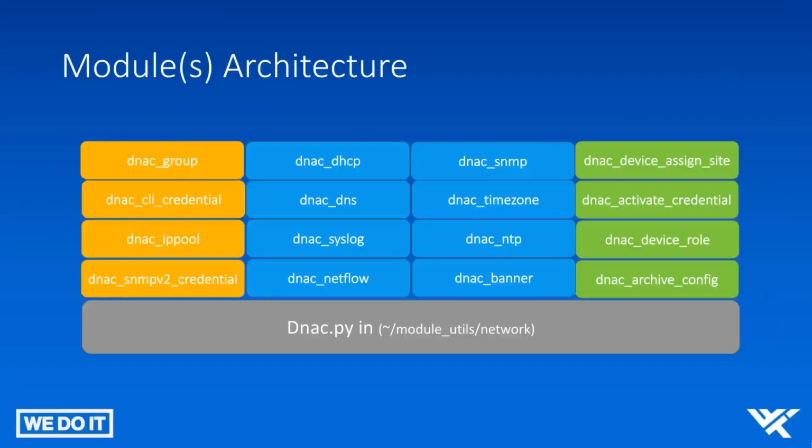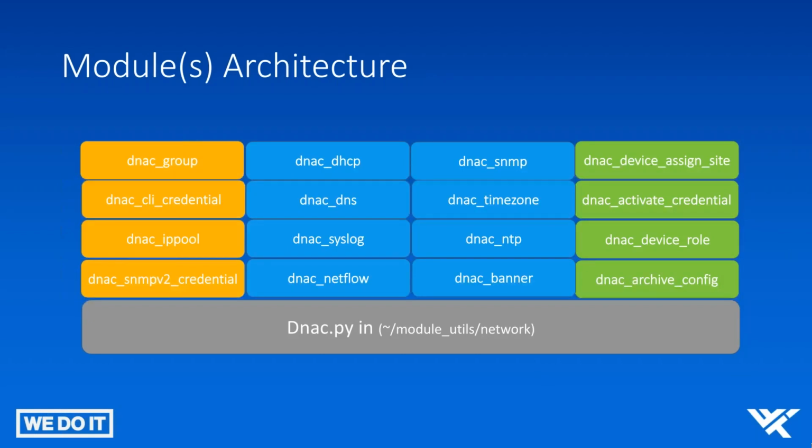I just wanted to talk briefly while that's running about the structure or the architecture of how I put these modules together. At the bottom in gray is a helper network module, which essentially has the responsibility of all of the cross-module or module independent functions like logging into the DNA Center, managing the CRUD operations, so create, read, update, and delete functions.